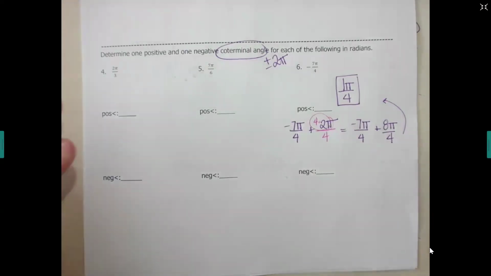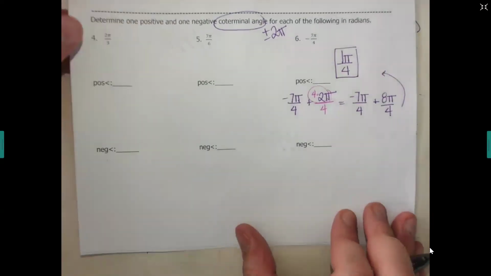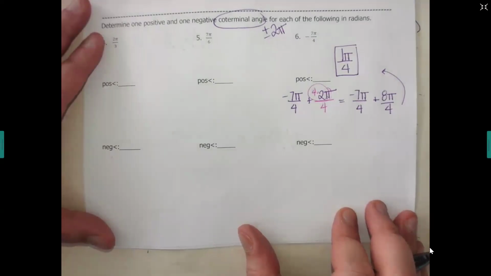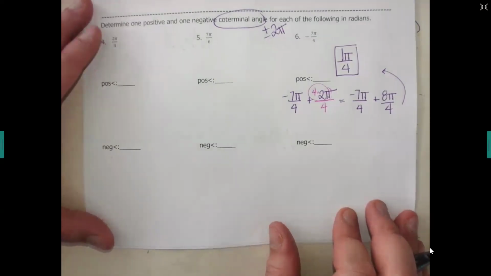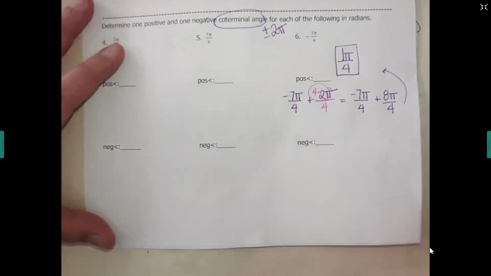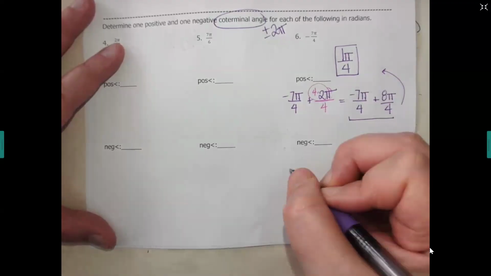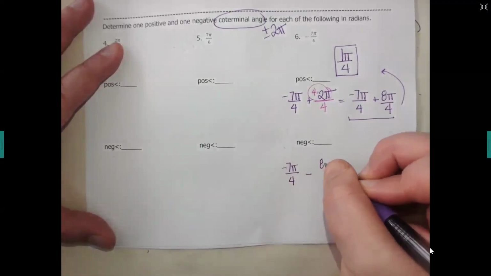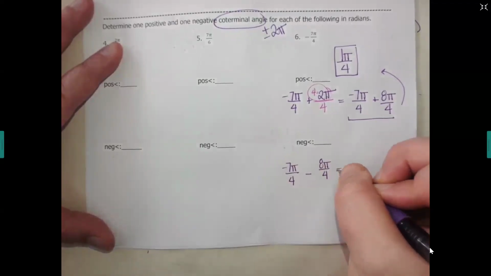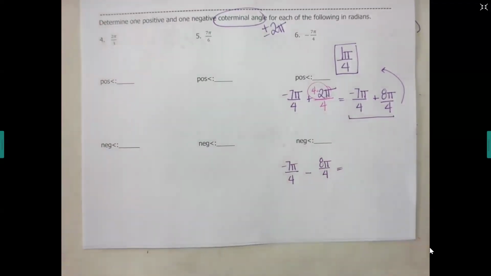For the negative coterminal angle, it's not negative 1 pi, it would be positive because the 8 was bigger. You'd keep the sign of the bigger number. For the negative coterminal angle, it would be the same math, except instead of adding, you subtract. So I'd have negative 7 pi over 4 minus 8 pi over 4. Remember that if these are both negatives, you should get a bigger negative.